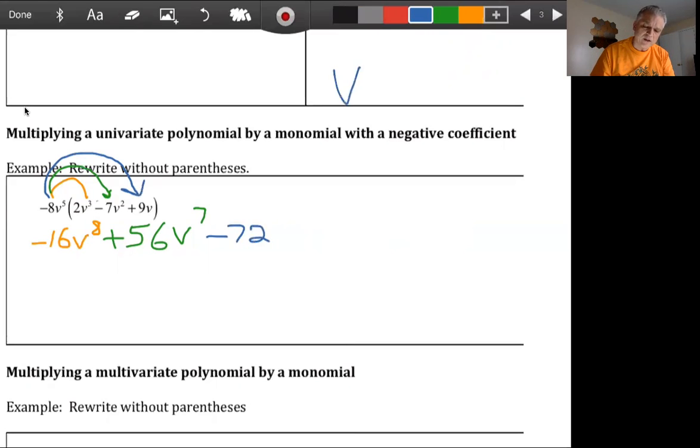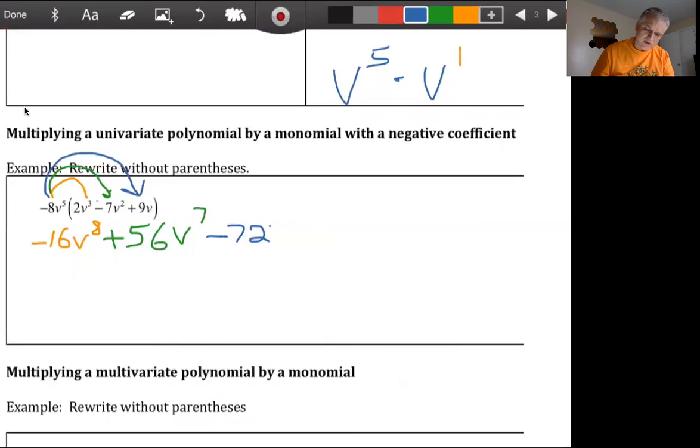V to the 5th, I'll write it up here, times v. Remember, it's invisible math. They don't write the exponent, it's a 1. It's there. So v to the 5th times v to the 1st is v to the 5 plus 1, or 6th power.